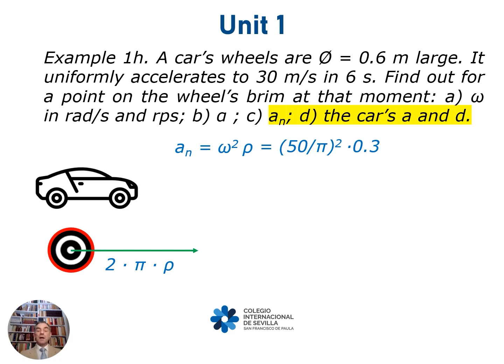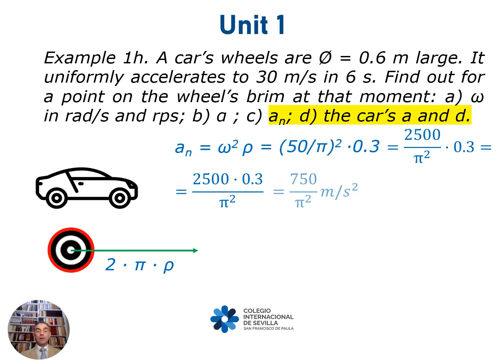Therefore, that squared in brackets times 0.3, which is the radius, equals 2500 divided by pi squared times 0.3. 2500 times 0.3 divided by pi squared, which is 750 divided by pi squared meters per second squared. We know that pi squared roughly equals 10, therefore that is approximately equal to 75 meters per second squared.